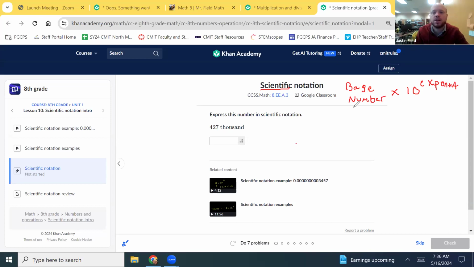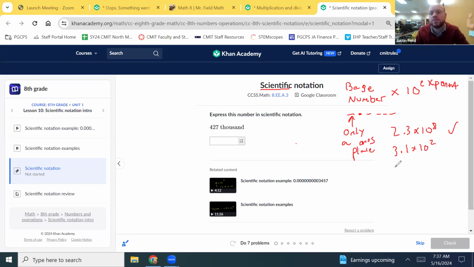Okay, but the number always has a ones place, and it can have only a ones place. So if there's a number with a tens place or hundreds place, it's not in scientific notation. So some examples would be 2.3 times 10 to the 8th. That's an example. 3.1 times 10 to the second.